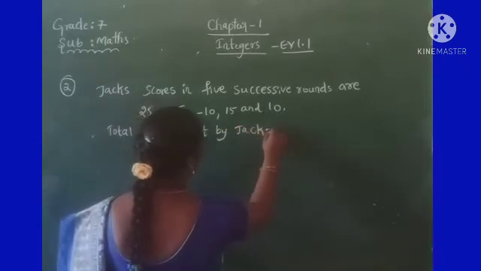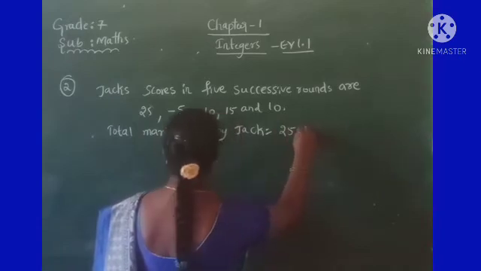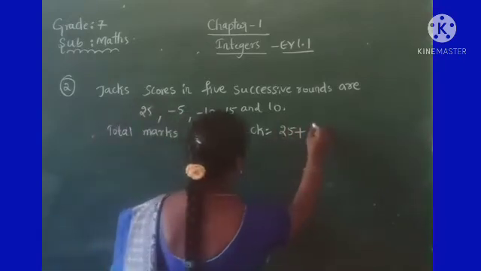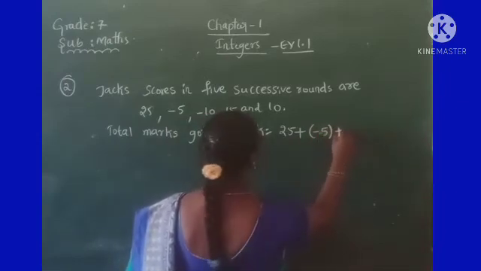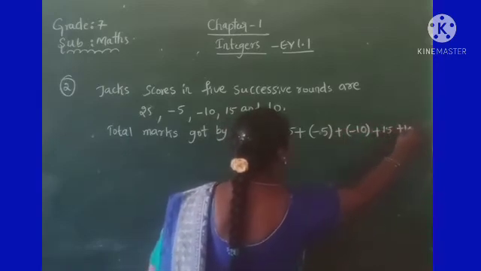Total marks got by Job. Each mark you have to add: 25 plus, the addition symbol is plus, 25 plus minus 5, again plus minus 10 plus 15 plus 10.